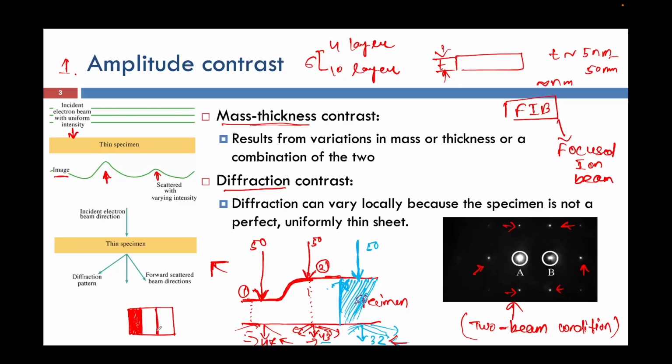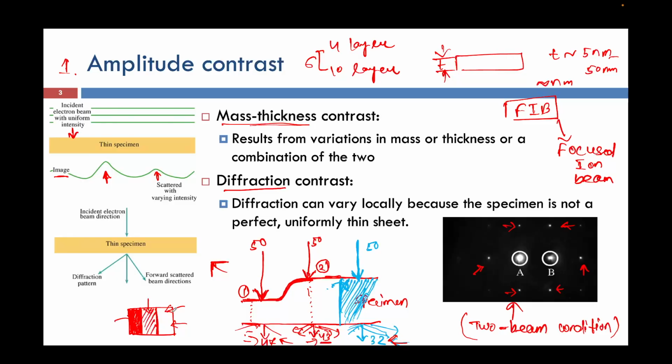Then in some places my image will be a little less bright, where my detector is able to detect 43 electrons, and in some cases my image will be the least bright, where my detector is able to collect 32 electrons. So this is how my intensity variation arises: here I am getting more intensity, here middle intensity, and here the least intensity.